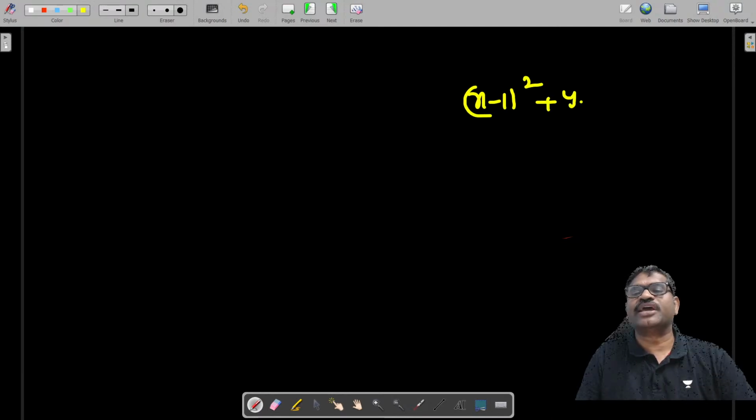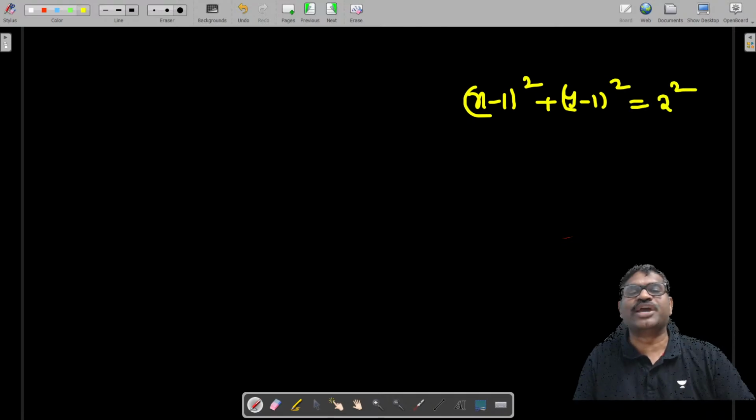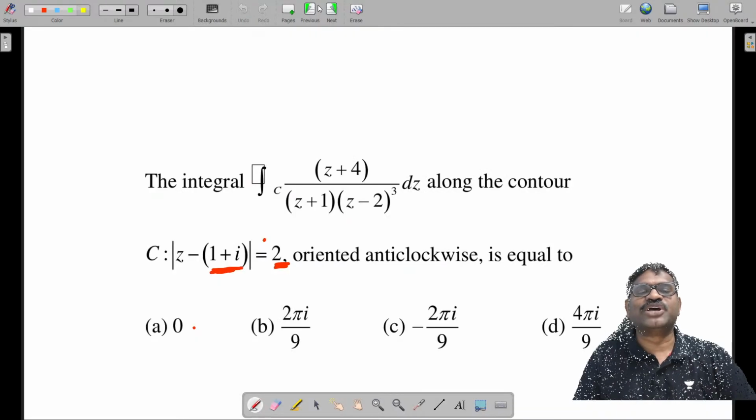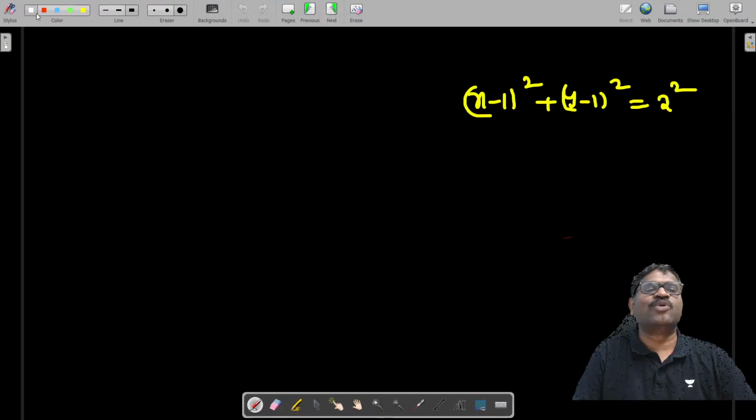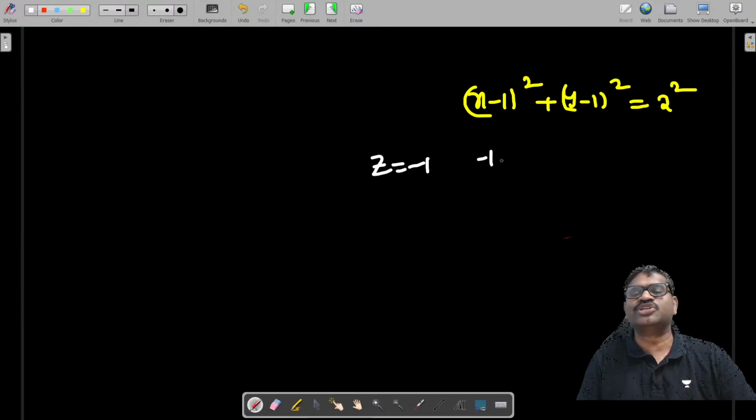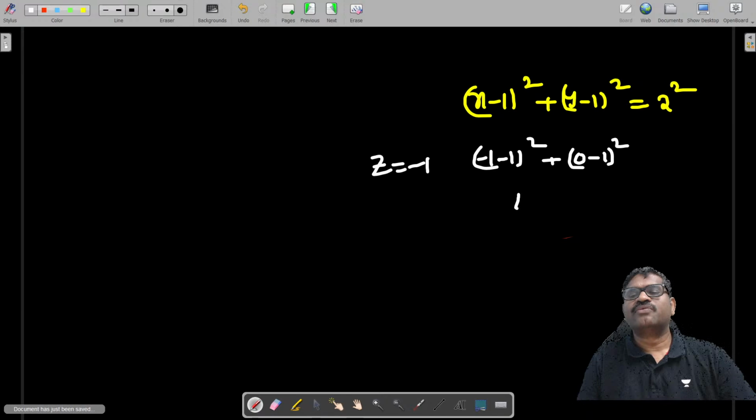(1, 1) center means x minus 1 whole square plus y minus 1 whole square equal to 2 square. Observe, one singular point is z equal to minus 1, meaning x value minus 1, y value 0. Four plus 1, 5 greater than 4.